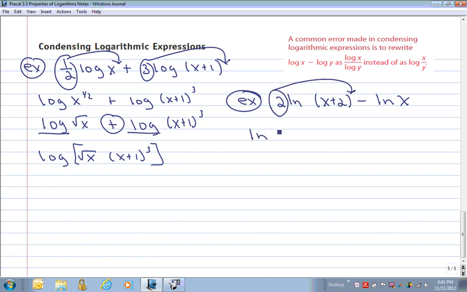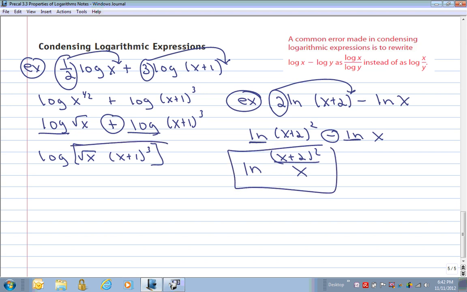So we have ln of x plus 2 squared minus ln x. Now we've condensed that part. We notice that they both share natural base log, so we go ln, and because of the subtraction sign, that will become our division sign, or that's where our fraction will come in. We will have x plus 2 squared divided by x, and that would be our final answer on this one.